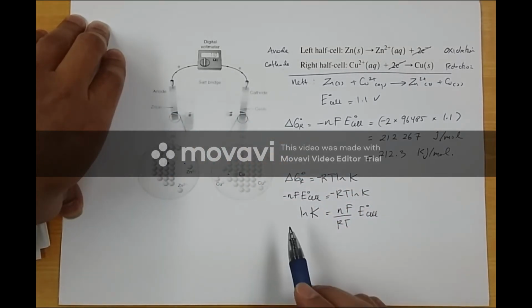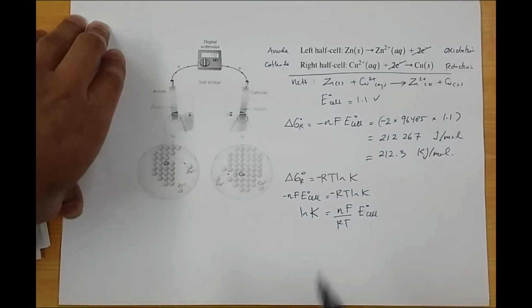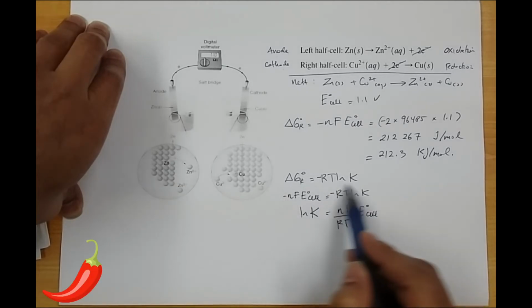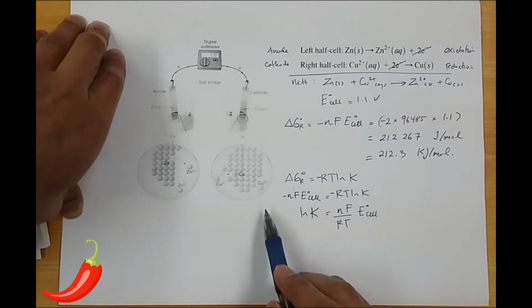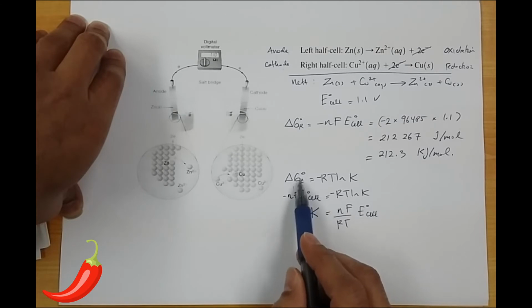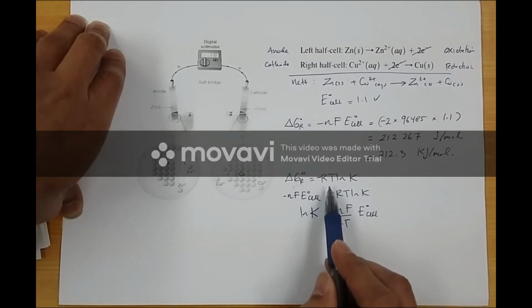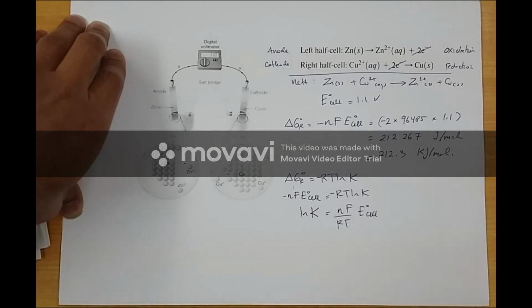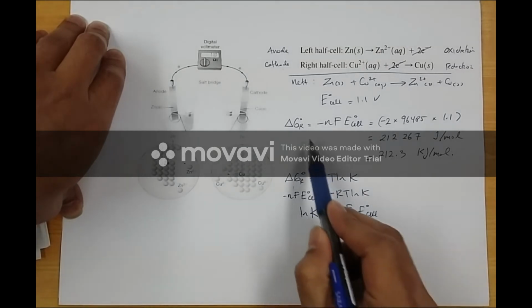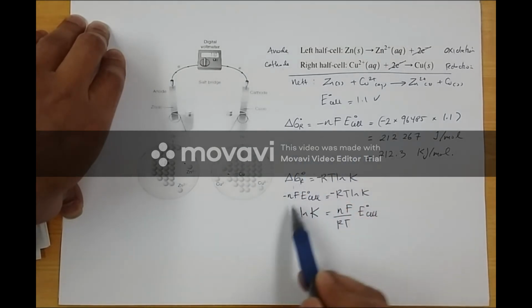Now, the standard condition can also give you the equilibrium constant, right? So remember this formula: delta Gibbs free energy of the reaction at standard condition, delta GR naught, is equal to minus RT ln K. R is the gas constant, T is the temperature, and you can plug in this value here.